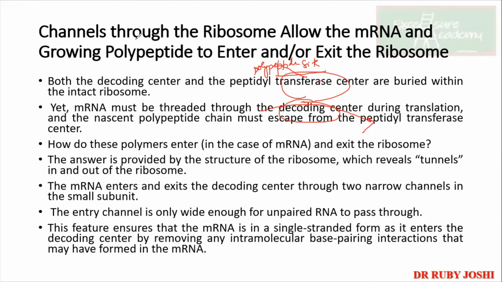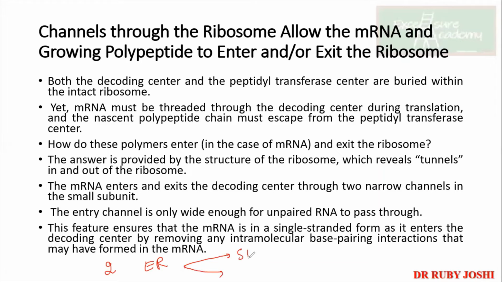अब एक चीज, एक छोटा सा इंफॉर्मेशन मैं और देती हूँ. So do you guys know that there are two types of ER, endoplasmic reticulum? Yes. मालूम है? Okay. What are those two types of ER?